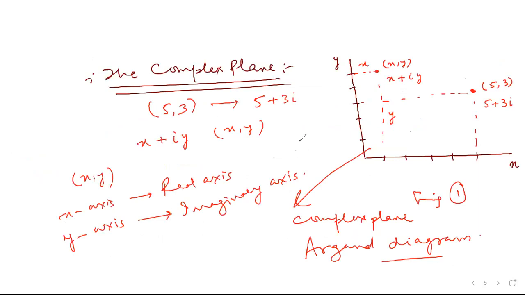Then we talked about the complex plane. We said we can represent 5 plus 3 iota as 5, 3, as shown in this figure. And when we use xy plane this way to represent complex numbers by points in this xy plane, this plane is then called complex plane. X-axis is called real axis, y-axis is called imaginary axis, and this diagram is called Argand diagram.